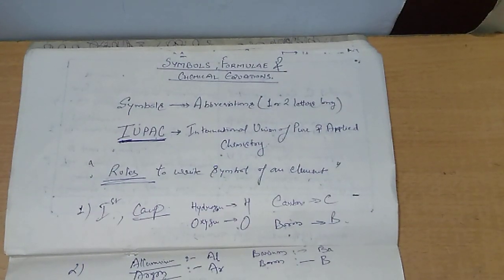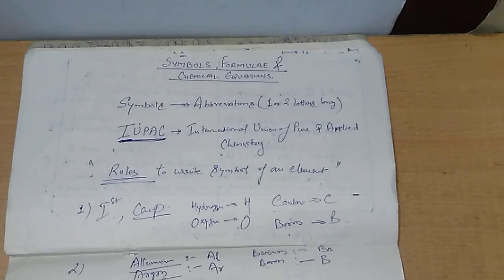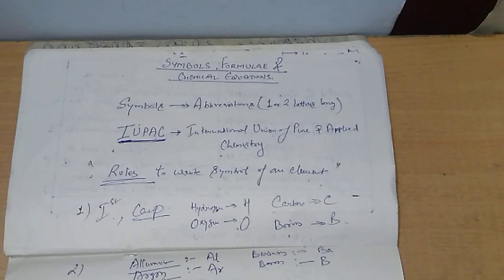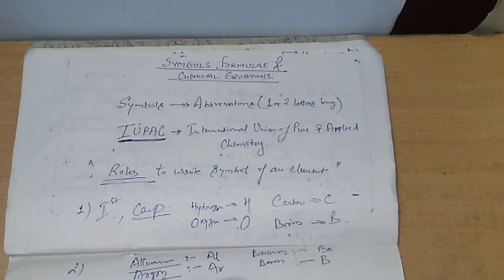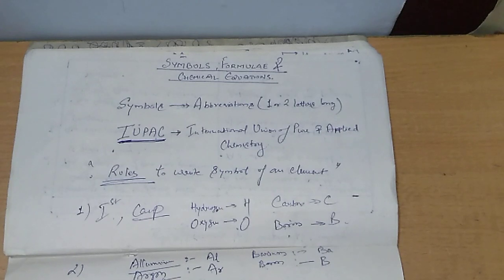Whatever the name of that element is, the first letter of that name would be the symbol of that element, and it would always be capital. For example, H in capitals would represent hydrogen, O would represent oxygen, C for carbon, and B for boron. Clear?